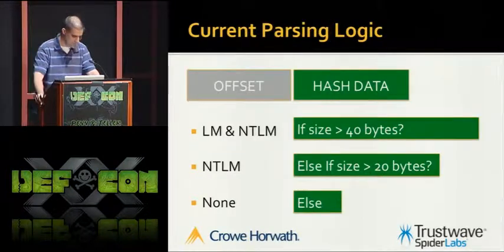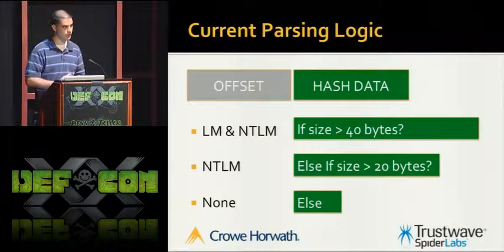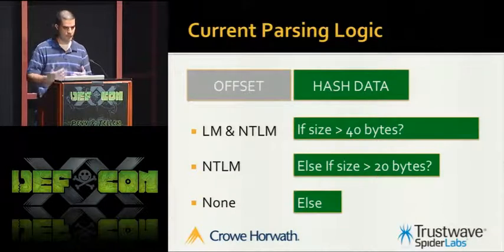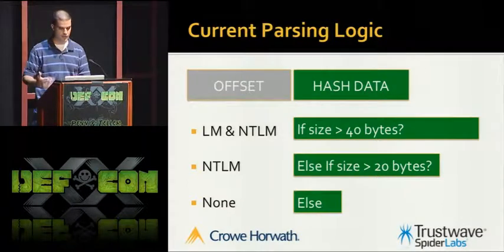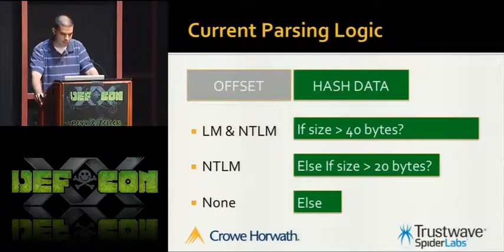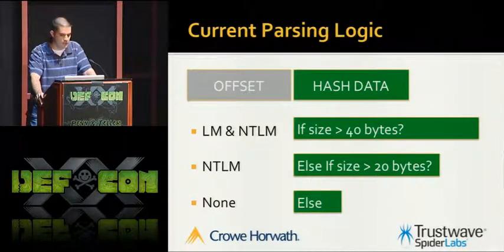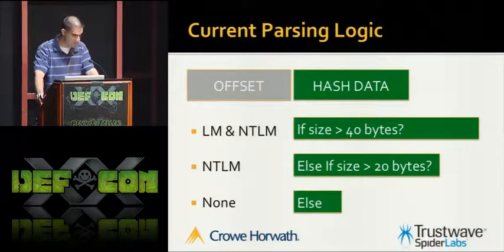But we said, all right, turns out we have this V key, which has all of our data that we want to play with, and we need to read into a certain part of this key, which is the offset. So we're just reading in until we hit that hash data. Then, once we get to the hash data, we need to figure out how to parse this. The way these tools did this was they said, I'm going to measure the length of hash data. And if the length of hash data is over 40 bytes, then I'm going to assume that I have an LM and an NTLM hash, because each hash is 16 bytes, and then there's a 4-byte header for them.